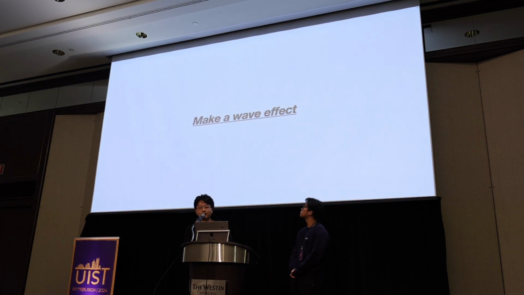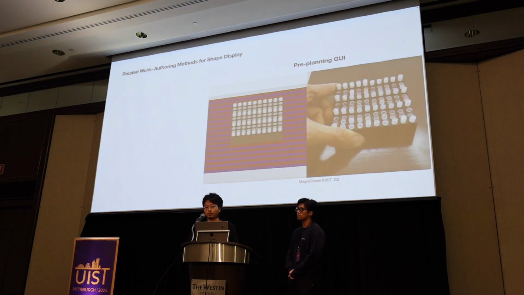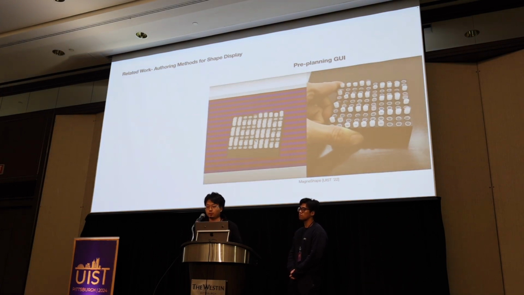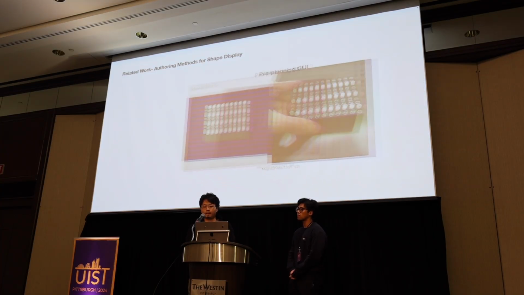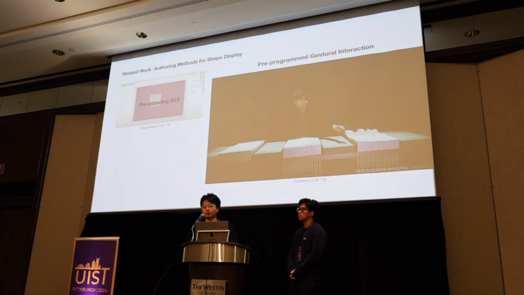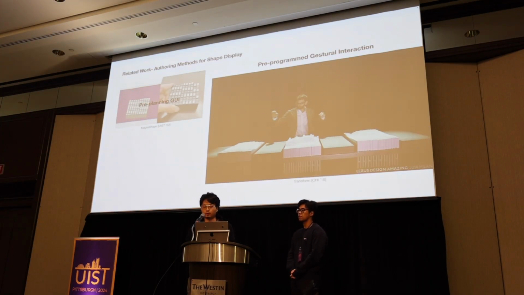Let's imagine a scenario: making a wave effect on a shape display. Previously, you could have a predefined GUI, which allows you to define the wave animation before rendering it on the shape display. Also, if you have a camera setup, you can map your gesture movement to achieve the wave effect.